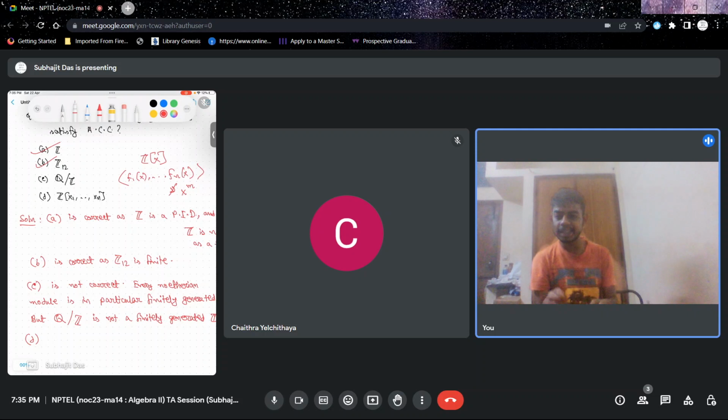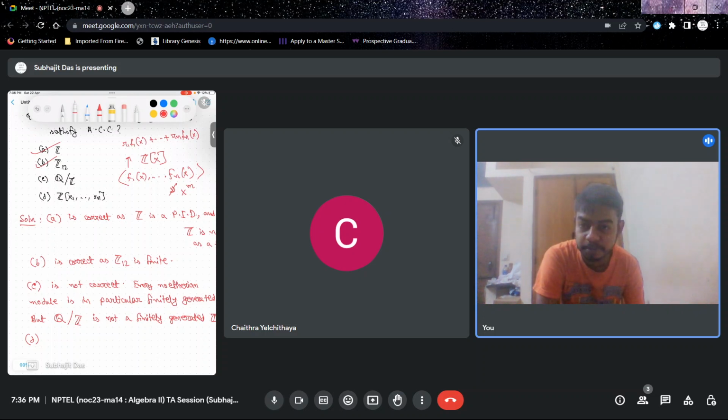Because the scalars that you have here are only coming from Z, and you are taking the submodule generated by these, which means that the only way to multiply something is to have a scalar and an element of the module. So any element of this submodule will be r1 f1(x) plus up to rn fn(x), where the ri's are integers and the fi(x) are these polynomials.